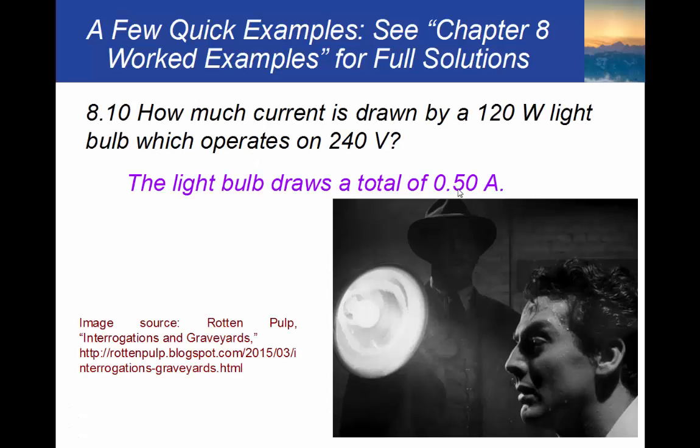And again, you need to keep track of significant figures. There's at least two in this problem. You could argue that there's a third significant figure, so it should be 0.50 amps, or if all of these zeros are significant, then it's 0.500 amps.